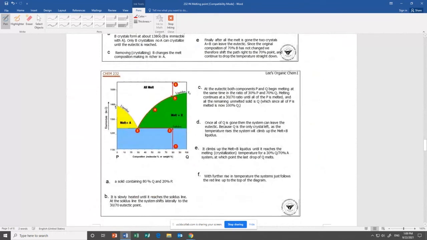This is a new curve. You've seen this type of distillation curve. Here you have a melting curve. This axis is the temperature. This axis is the ratio of the two mixture. Just like when you have a mixture of a low boiling and high boiling liquid, when you have a different ratio, the overall boiling point changes.